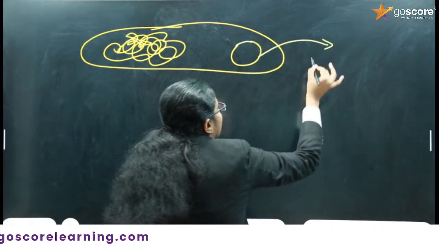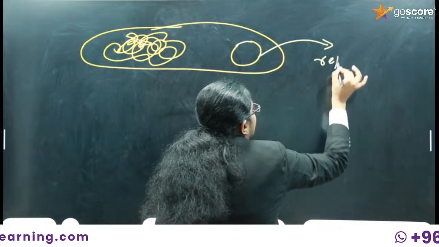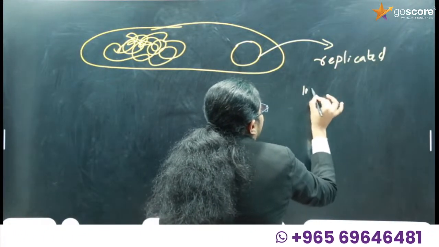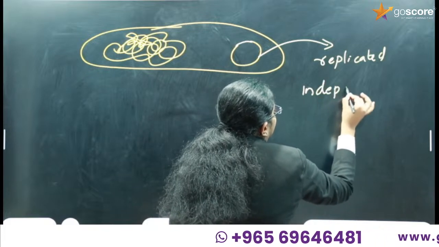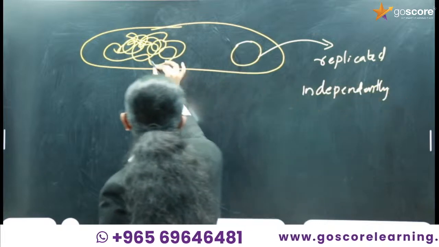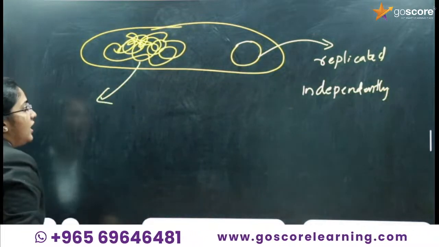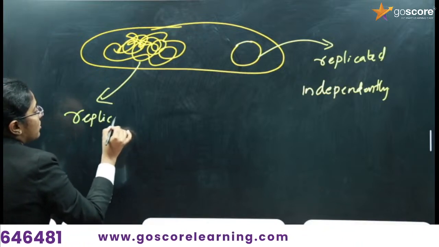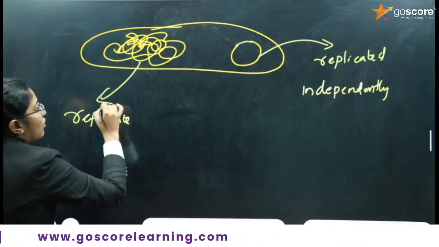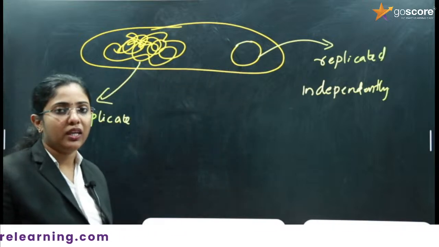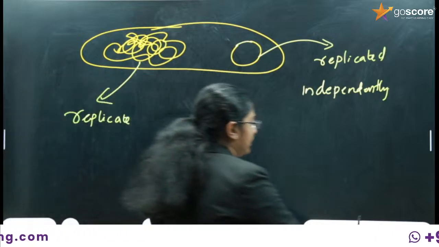The plasmid gets replicated independently. That means here the chromatin is present, right? Here the replication will be independent. It will also get replicated, but it is not affecting anything regarding this plasmid. Okay, clear? That is given in that particular sentence.